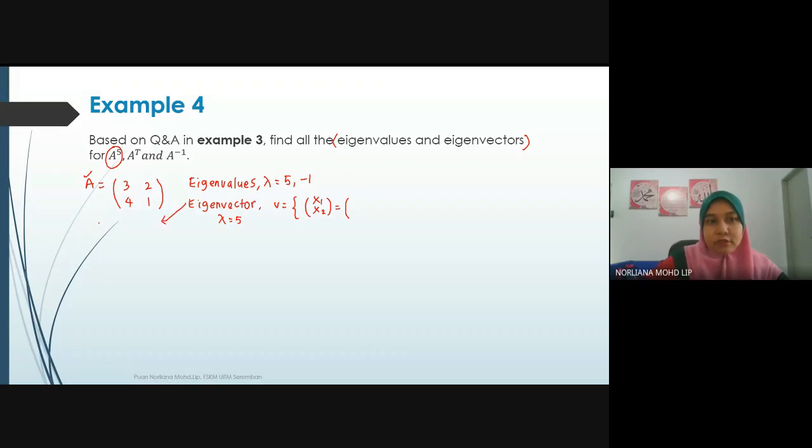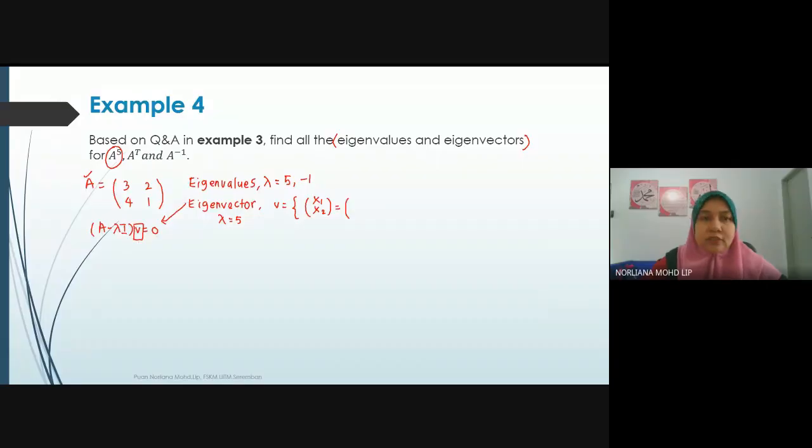We use the equation A minus lambda I times V equal to 0. We want to find this eigenvector V, so we put it into this equation.